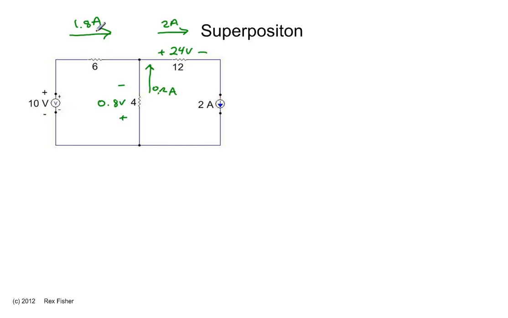And 1.8 amps flowing through 6 ohms is 10.8 volts.